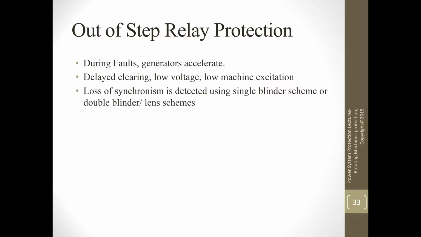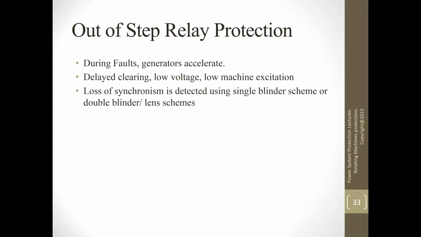Out of step is another protection used when a fault occurs in a system. The electrical output of the generator comes down. You still have the mechanical input, so the generator speeds up. And if the fault clearing is delayed, it tries to gain momentum.